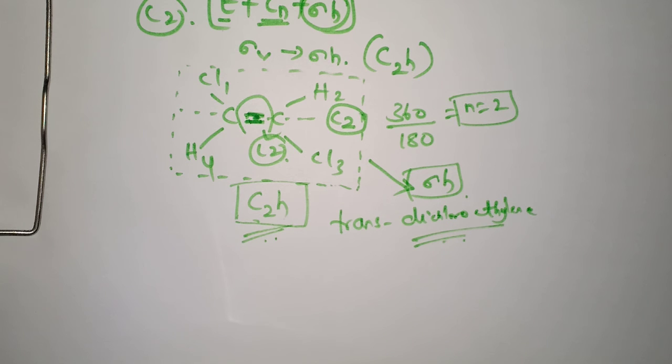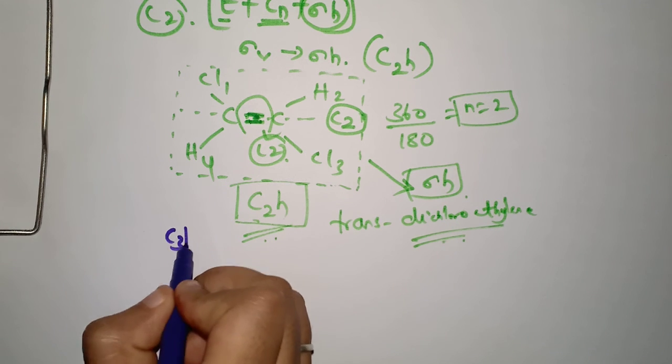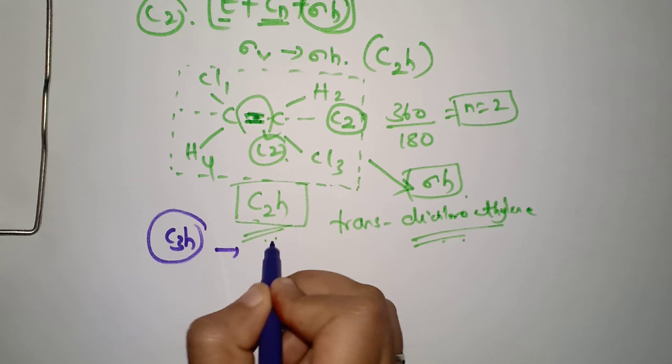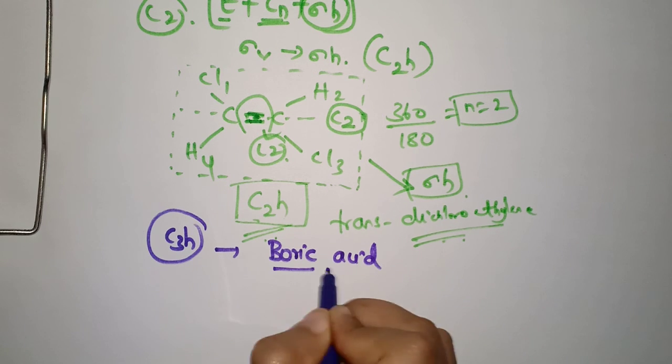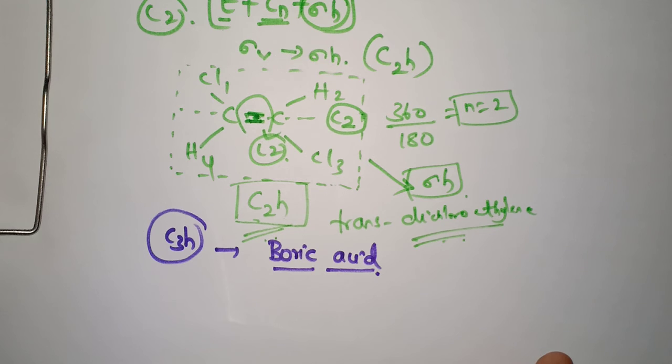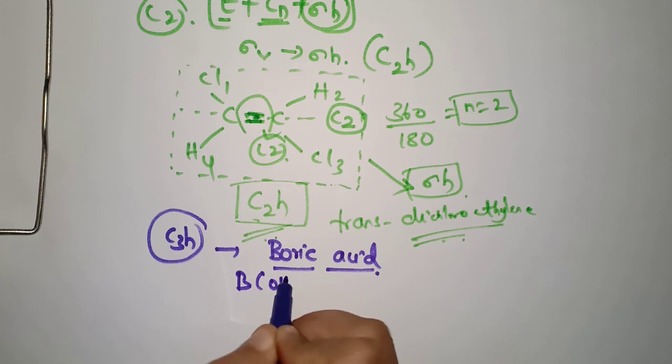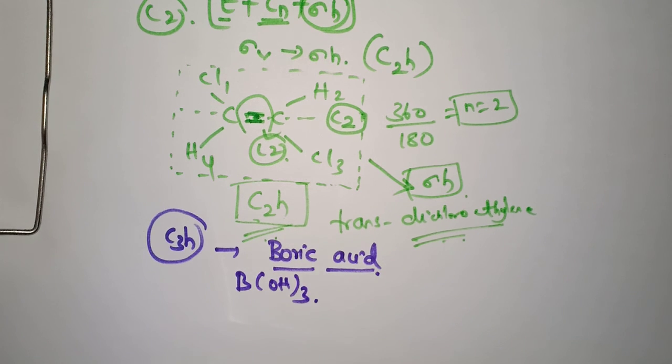Now the next example is the C3H point group, that is the boric acid point group. Boric acid is B(OH)3.